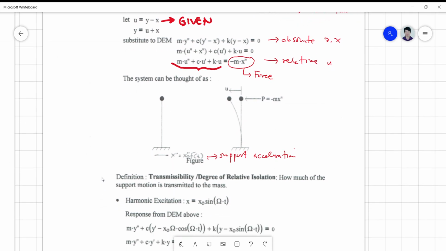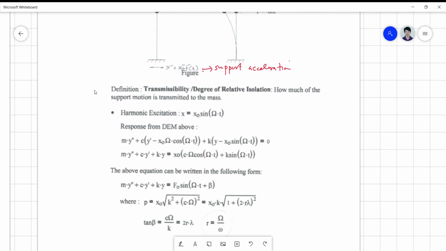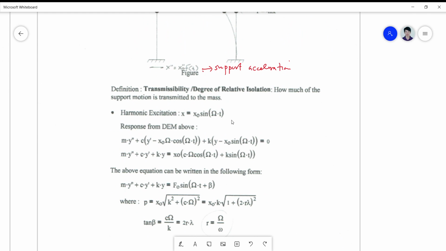So we can now move a little bit higher into the level of transmissibility problems, or what you call the degree of relative isolation, which tells us how much of the support motion is transmitted to the mass.